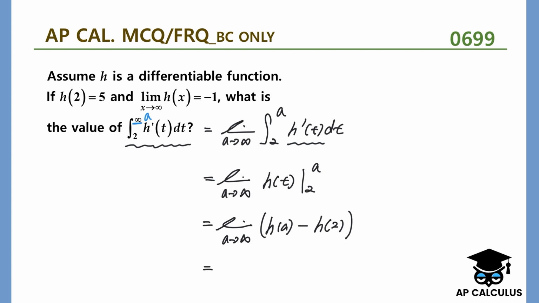Here, the limit as x approaches infinity of h of x is equal to negative 1, it's given. So the limit as a approaches infinity of h of a is also negative 1, right? So we have negative 1 minus h of 2, which is 5. So negative 1 minus 5 is equal to negative 6, right?